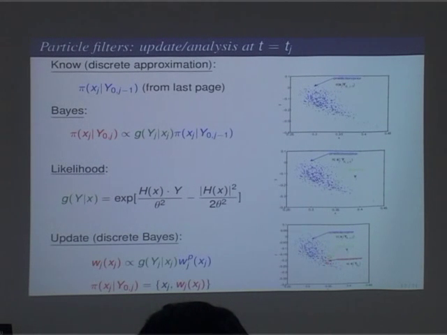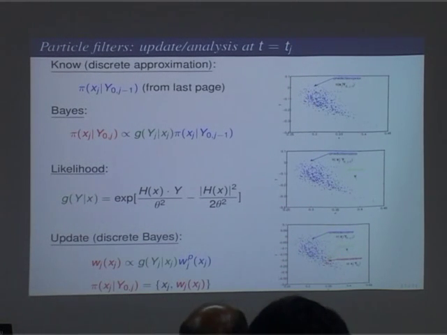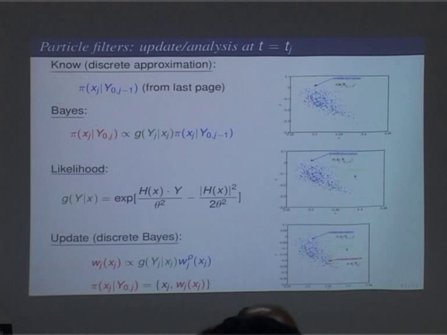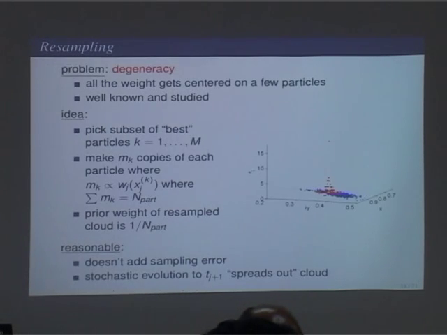And the color coding is really picking up the high weight particles. But until I do resampling, all of these are still part of this posterior distribution. But only the red ones, the ones that had a high weight coming from the likelihood update, are contributing to the mass of that importance distribution.